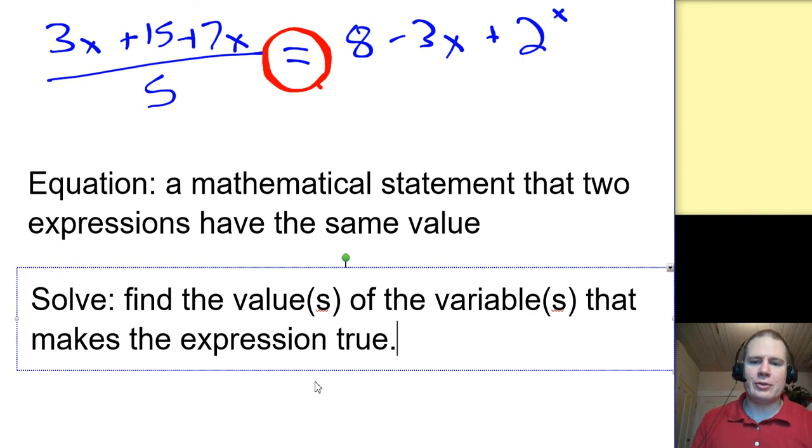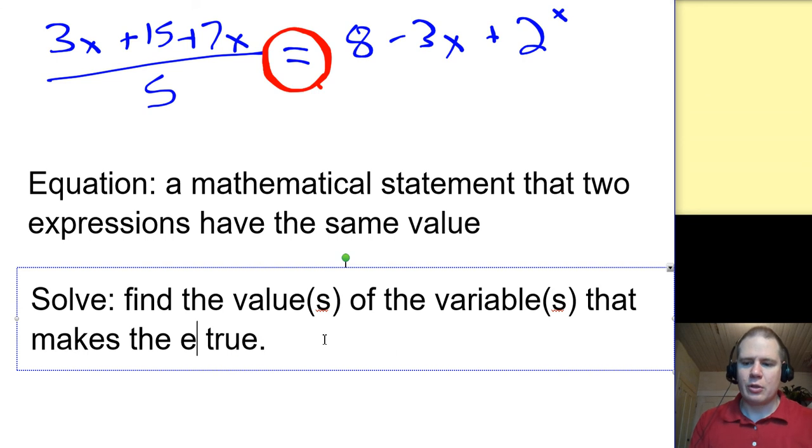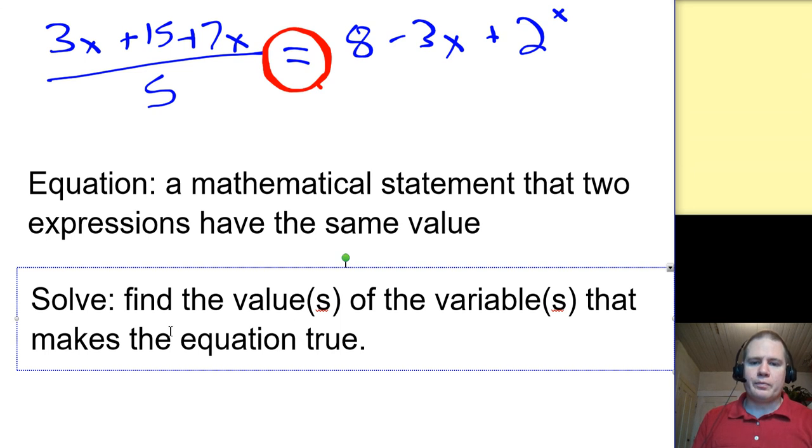Now I have these s's here because some equations have more than one value that will make the equation true.